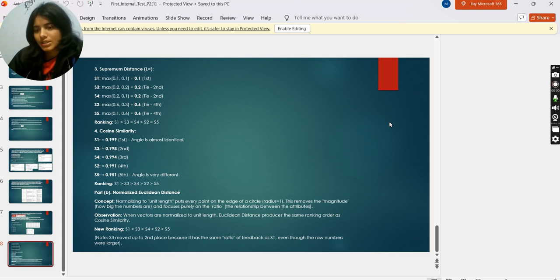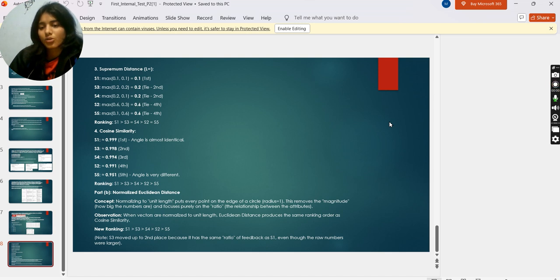Part B, normalized Euclidean distance. The concept is that normalizing to unit length puts every point on the edge of a circle with radius equal to 1. This removes the magnitude, how big the numbers are, and focuses purely on the ratio, the relationship between the attributes.